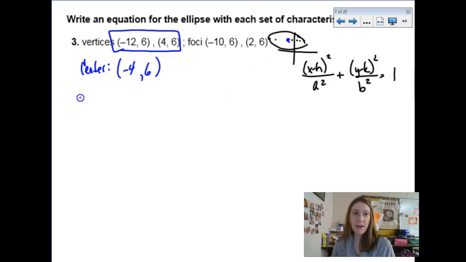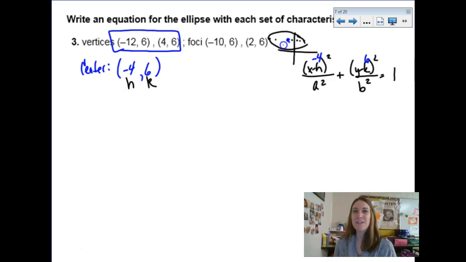But we just found our h and our k. So if you want, in this formula, you can throw a negative 4 and a 6 right here. I still need a and b, and once I have a and b, I'm good to go. I think we actually stumbled upon a. So the a is the distance from the center to one of the major axis vertices.